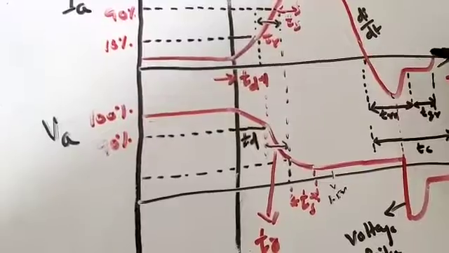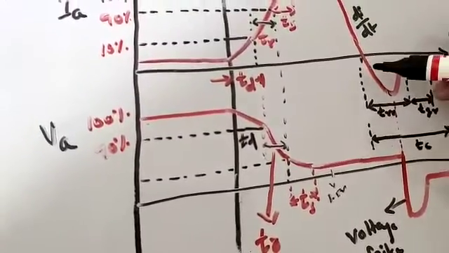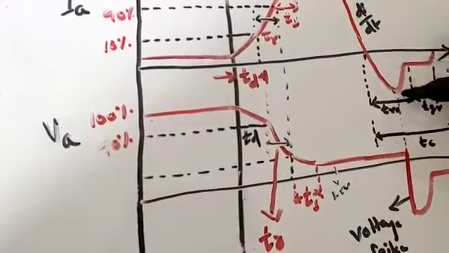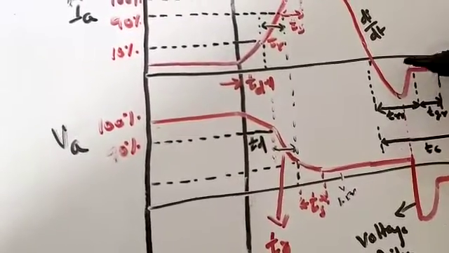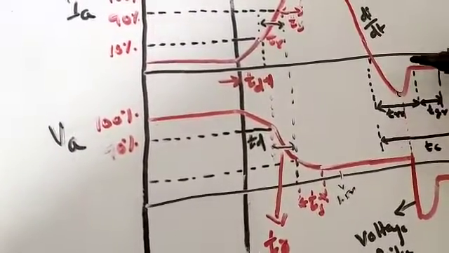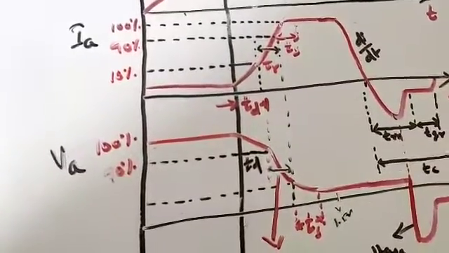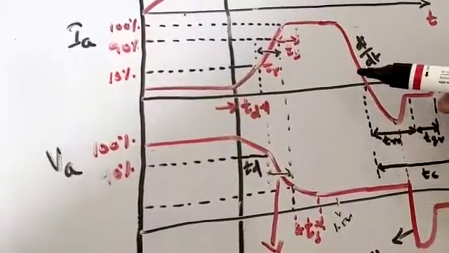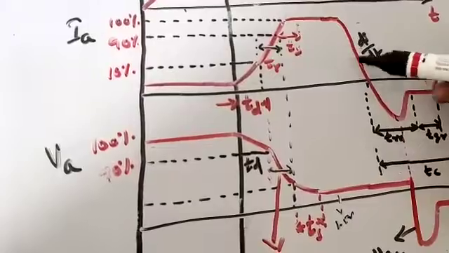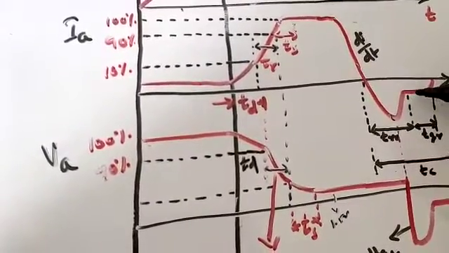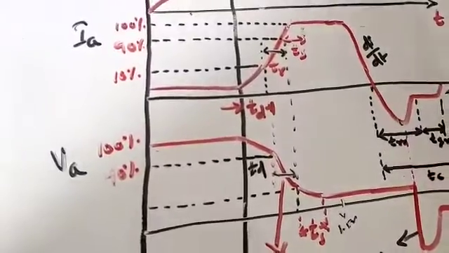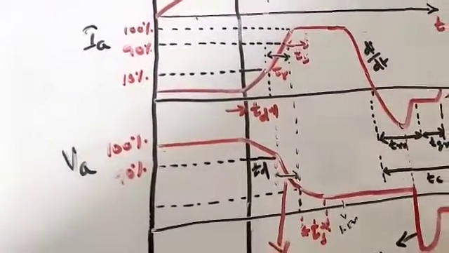Why does it reach this negative maximum? It reaches this negative maximum because of the presence of charge carriers at the junctions J1, J2 and J3. Due to the presence of charge carriers, the anode current will not reach zero at this particular condition. It will reach negative, then attain some kind of steady state, and finally it reaches zero.